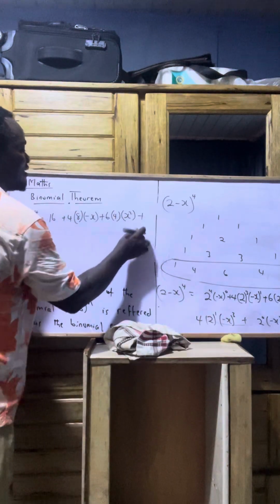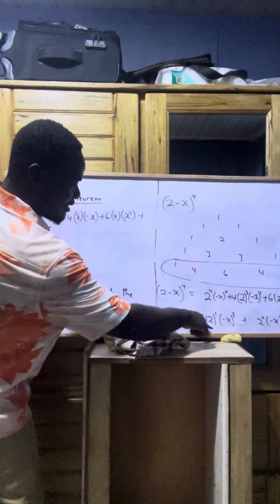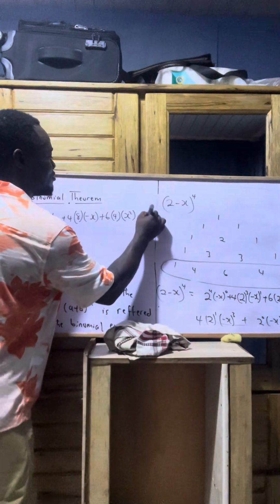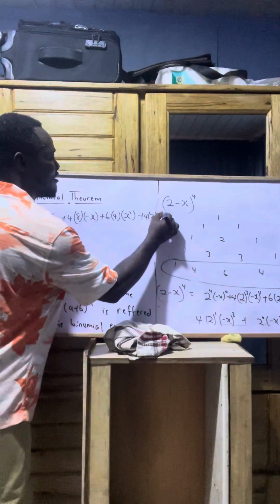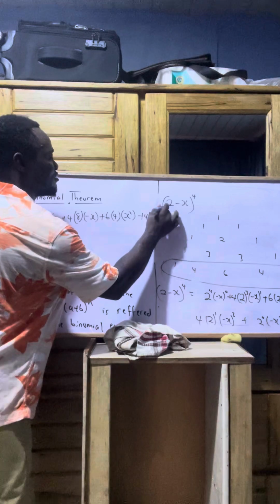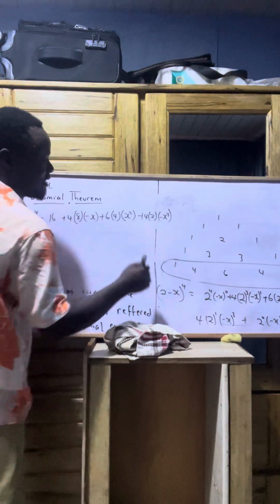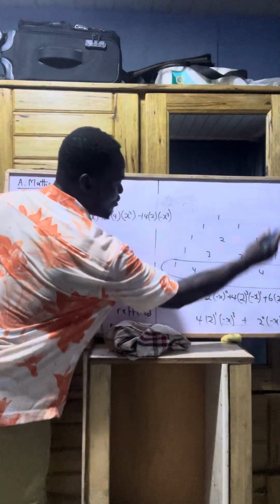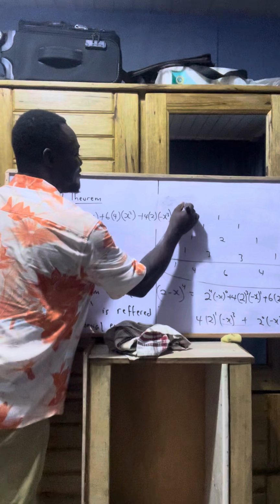Good. The next one, I'm going to have 4 times 2 times 1, and minus x power 3 will still be minus x cubed. Then the last one, 2 power 0 is 1, gone. Minus x power 4 will be positive, so positive x power 4.